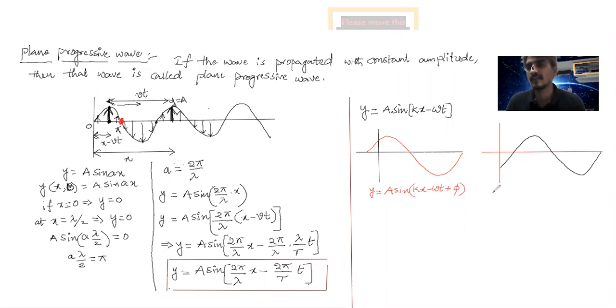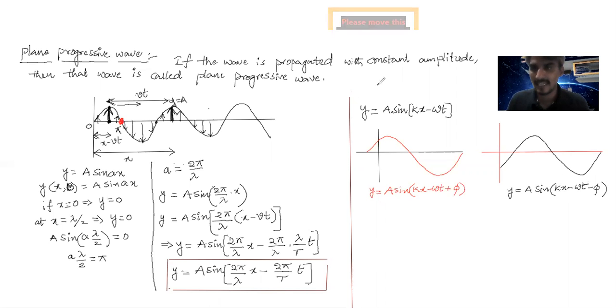Initial phase is along negative y direction, right? Therefore, we have to write it as y is equal to a sine kx minus omega t, here minus phi. This is an initial phase, minus phi here.